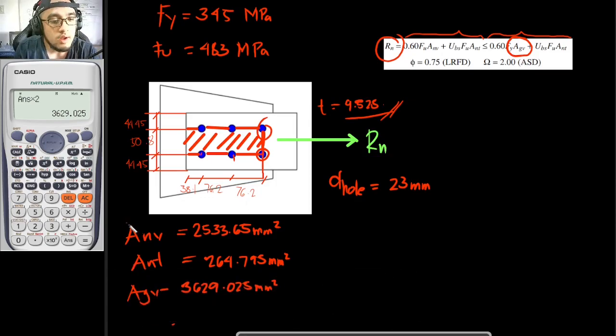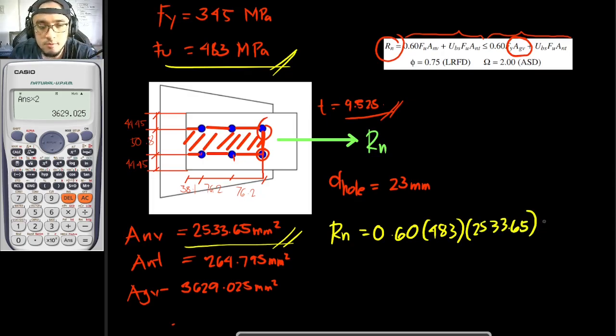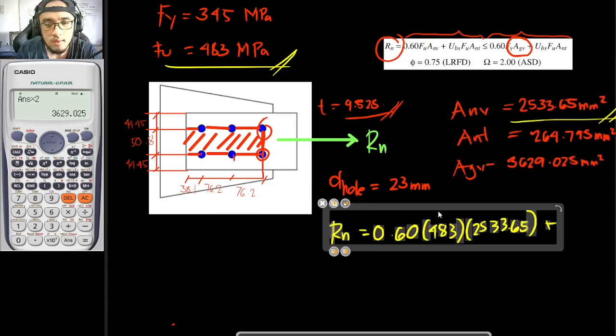Since we already have everything we need, let's just solve for Rn. So for Rn, that is equal to 0.60 times FU, and our FU once again is equal to 483. I think it is better for me to move this here so that we would have more space.